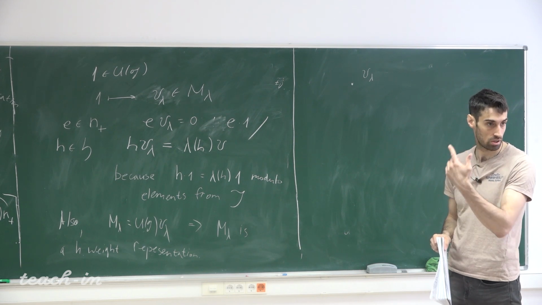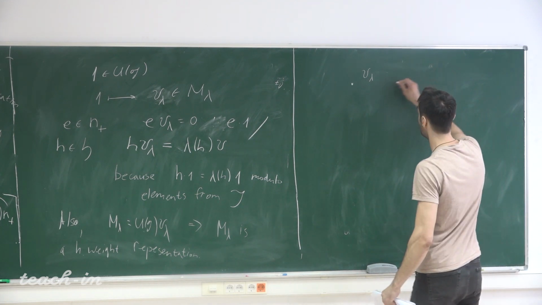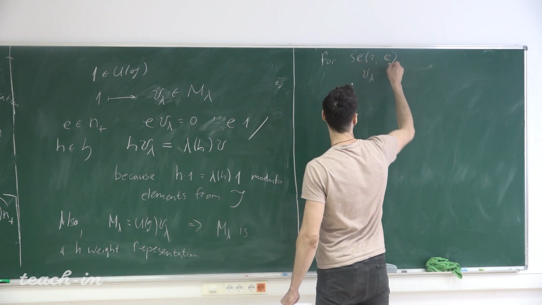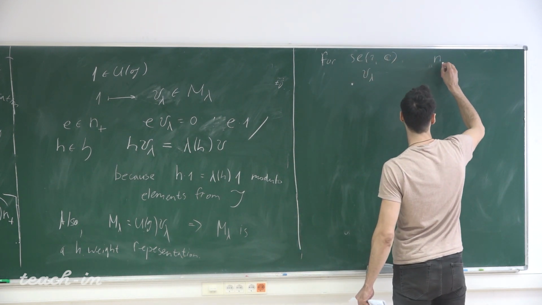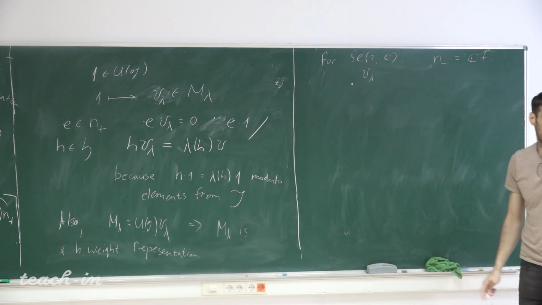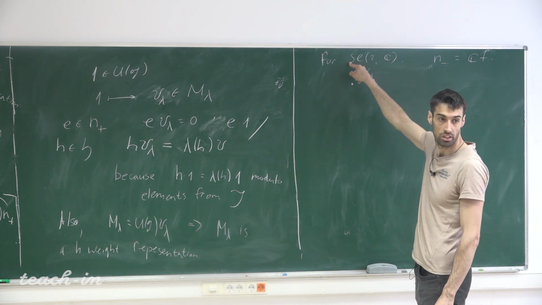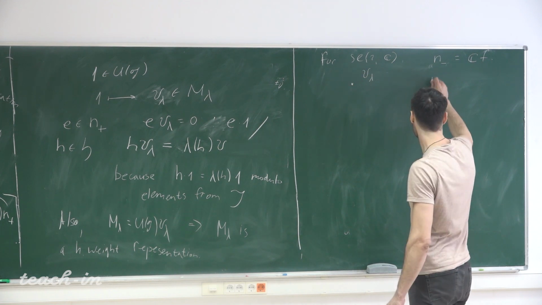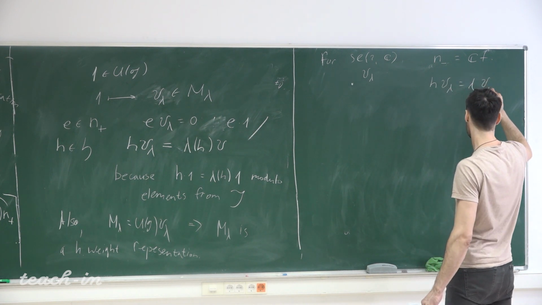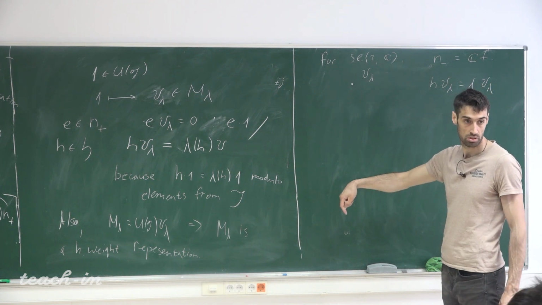So for SL2, n minus is just spanned by f. And so you take V lambda, you cannot act by E. H acting on V lambda gives you just multiplication by lambda. But then you can act by f, of course.